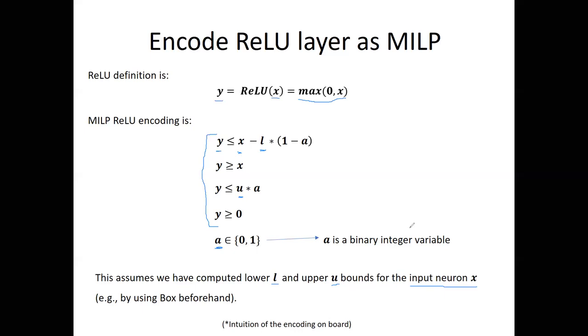Then we would know that L is -2 and U is 2. We're going to use this incomplete method, not for verification, but just to compute these bounds L and U that the different neurons can take.